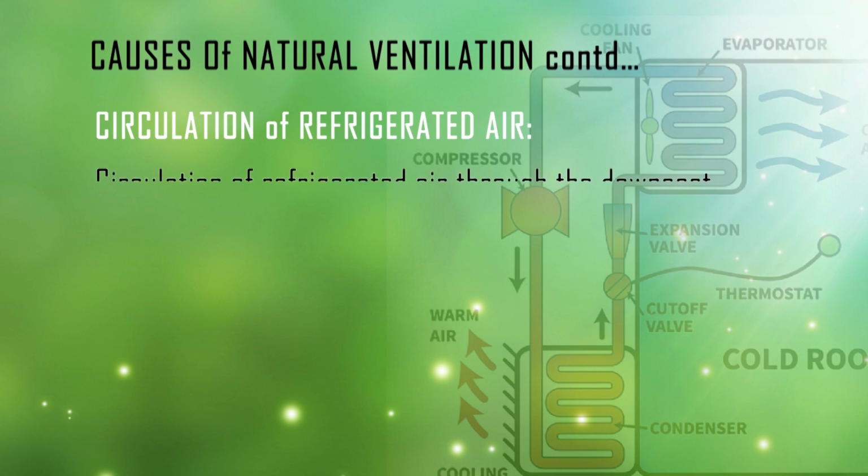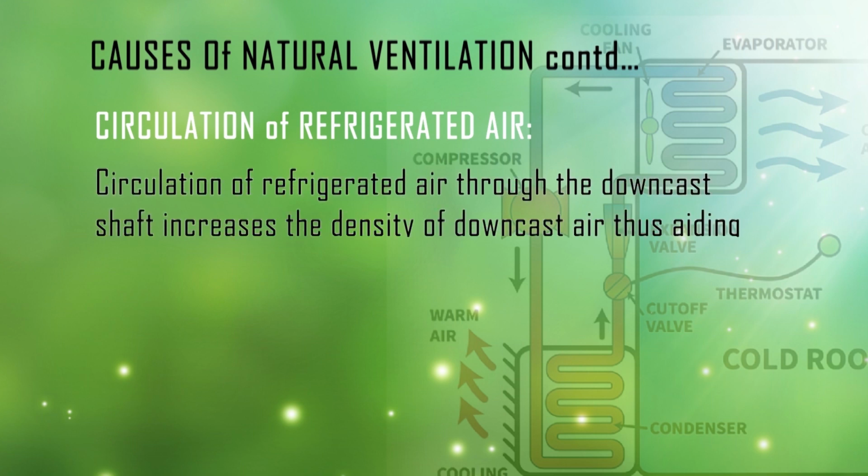Circulation of refrigerated air. This is basically caused in deeper shafts, deeper mines. In deep mines, due to the geothermal gradient, the temperature is very high, and in order to maintain the temperature at a natural value, refrigerated air has to be circulated through the mines.